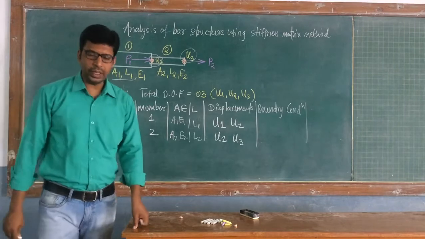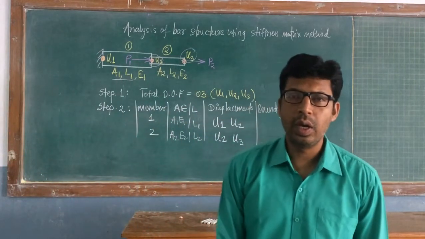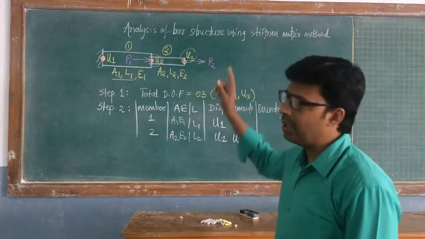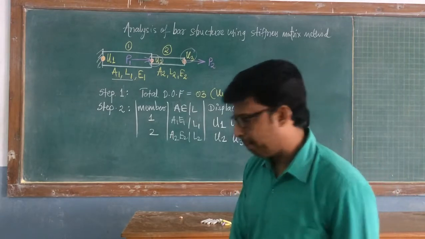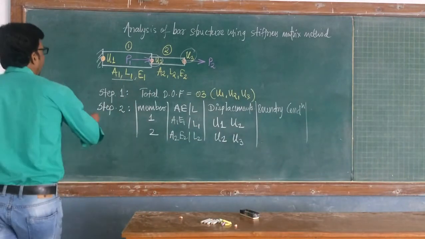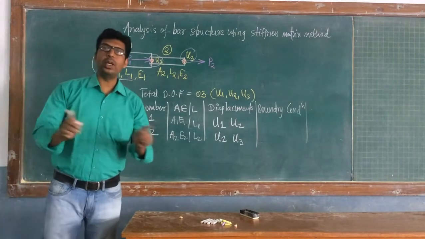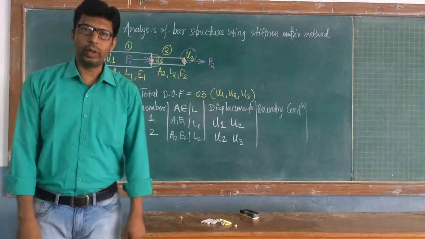Okay. Next, boundary conditions. Boundary conditions means out of the 3 displacements, U1, U2, U3, which displacements are known to us. If you look at the bar member, the left end of the bar is fixed. Fixed support means there is no displacement.